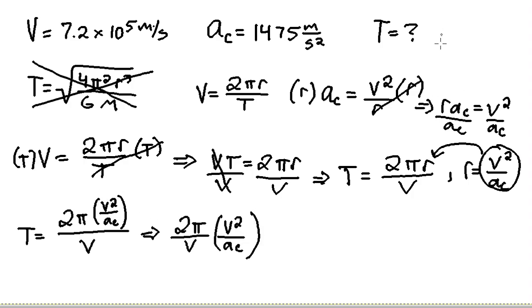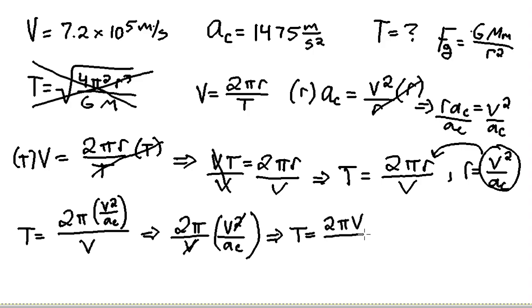This is just like the force equation, where instead of putting g off to the side, I could put it up top, and it would be the same exact thing. Now I'm taking this from the top and putting it to the side, right here. The reason why I'm doing that is because I want you to see that this can cancel out with this, and this gets left in the numerator. So the formula that we have for t is equal to 2 times pi times v divided by a sub c.